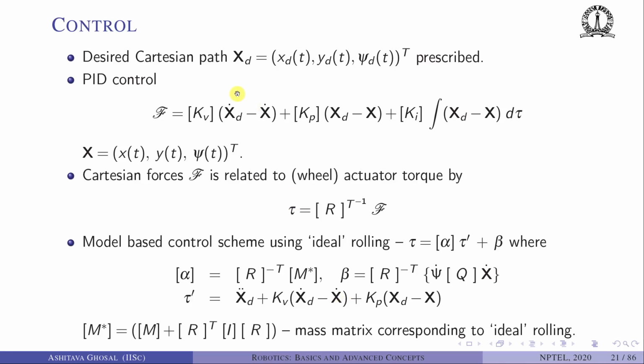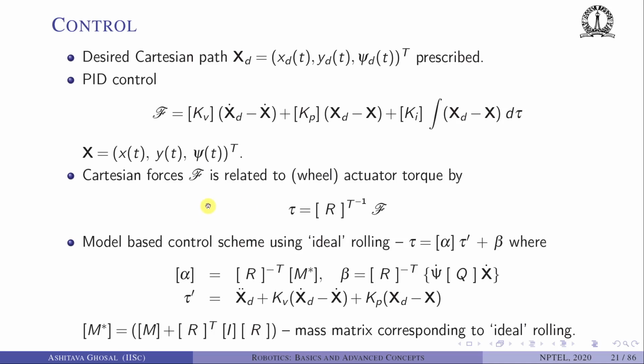So let's assume that we have a desired path, which is xd of t, yd of t, and psi d of t. Psi is the orientation of one of the axes with respect to the reference x-axis. We can try a PID control, which is kv times e dot plus kp times e plus ki times integral of e dt. Okay, this is a standard PID law where x is this quantity here: x of t, y of t, psi of t.